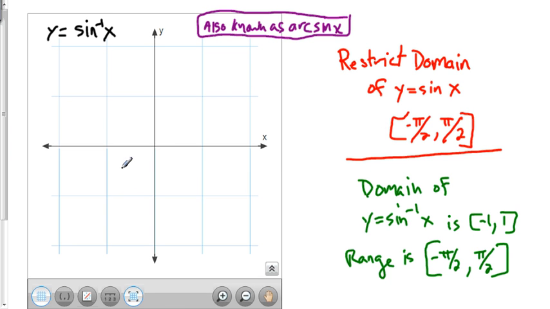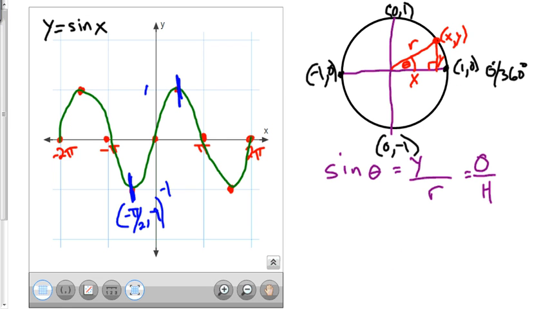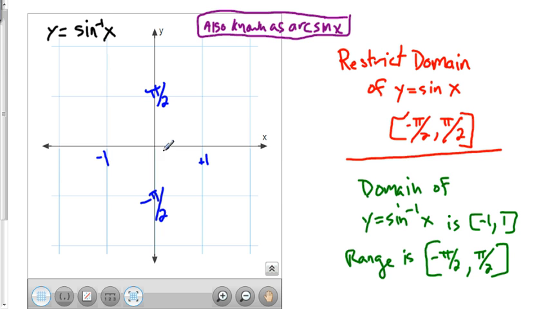So now let me go through. This is going to be negative 1 and positive 1, pi over 2 and negative pi over 2. And here is negative pi over 2. We just said that this point was negative pi over 2 and negative 1, so we're going to switch that around. We'll have a point that's negative 1, go to the left, negative 1, and down negative pi over 2.